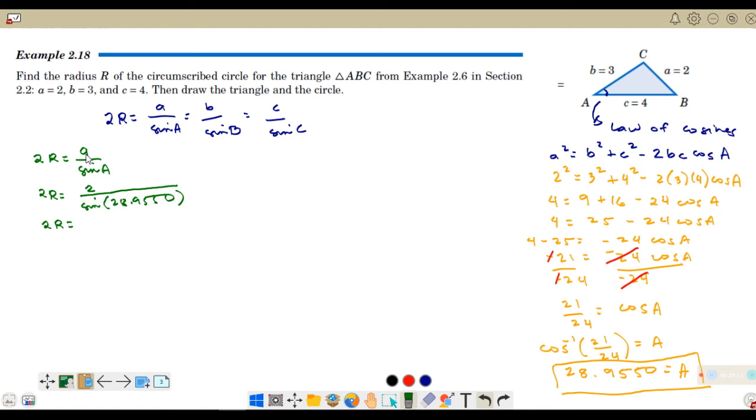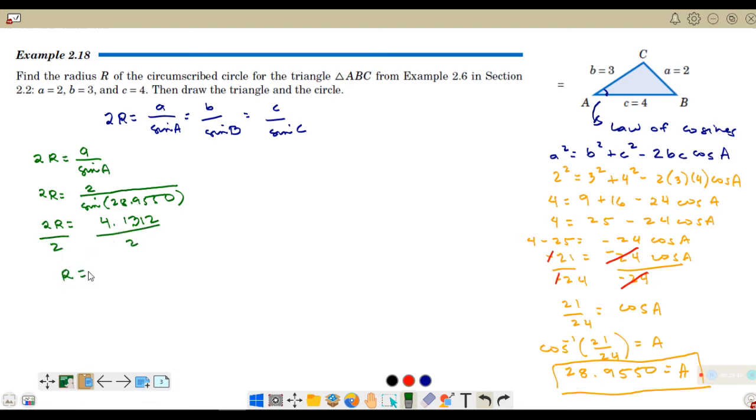Wait lang. Sine 2 divided by sine answer. You should end up with 4.1312. And then divide both sides by 2.